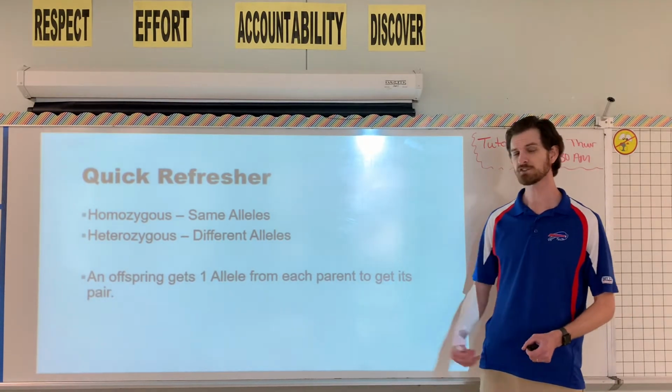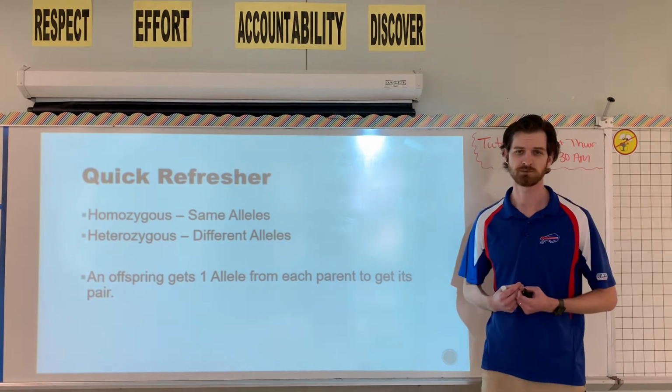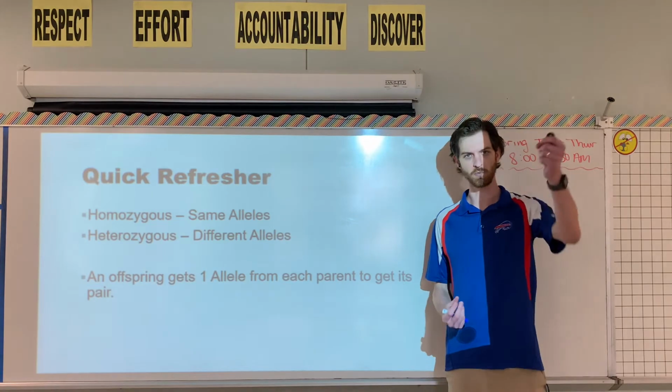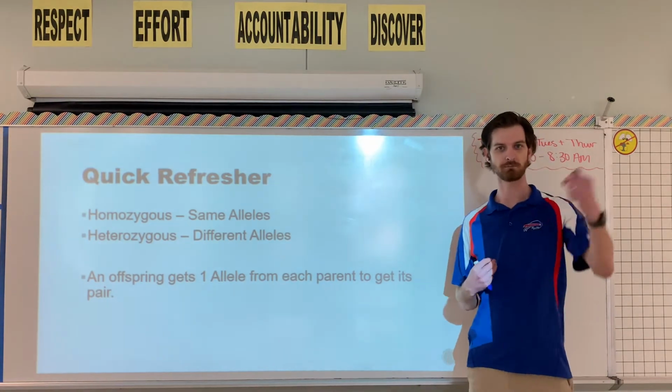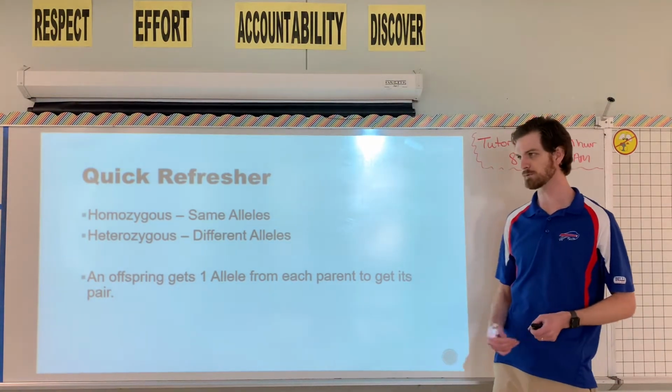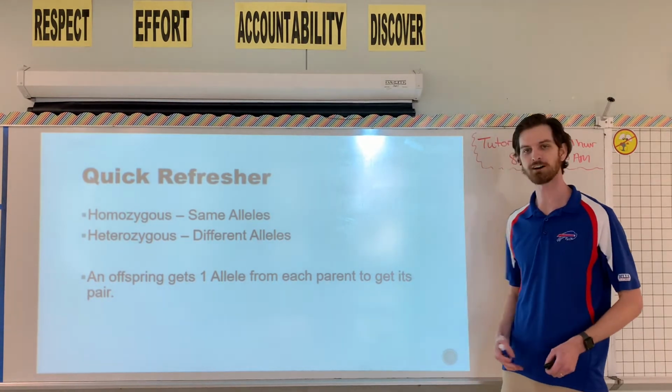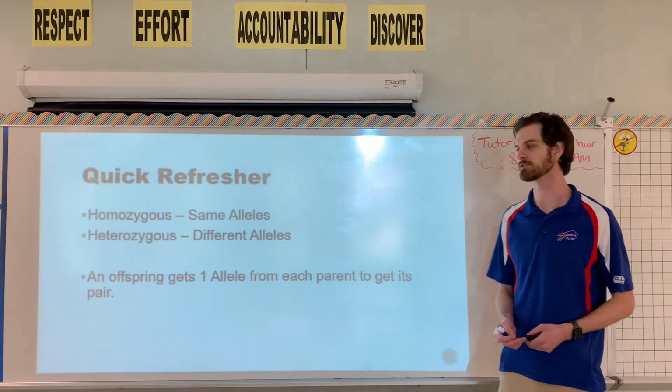Remember that an offspring gets one allele from each parent, one from mom and one from dad, and that's going to become important because dad can only give certain alleles, mom can only give certain alleles, and the offspring are based on what they can give overall.